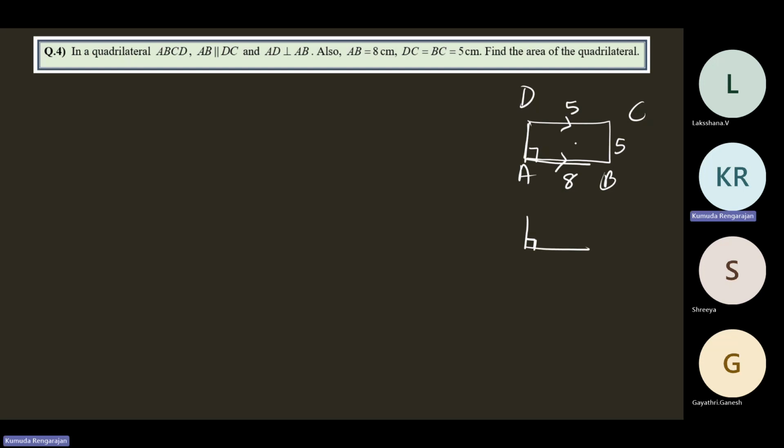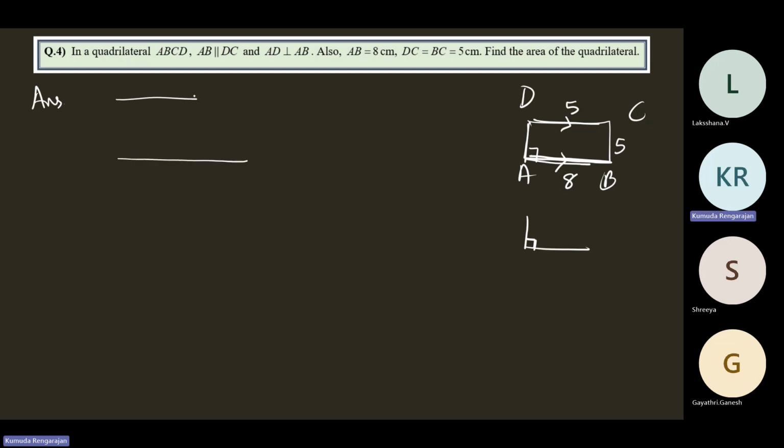Now, with the help of this rough figure, I'm going to make the real rough figure for this answer. Just imagine if you're an artist, you can do it really well. Now look at this. This is 5, and this is 8, so I take a smaller line segment and a longer one.